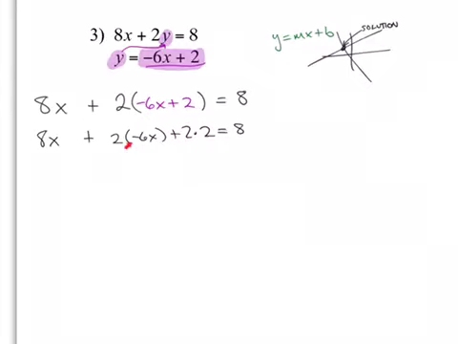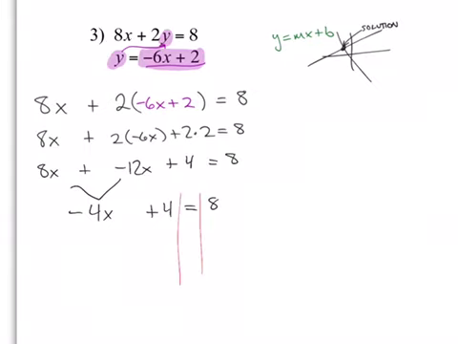Then I'll combine my like terms here. Positive 8x and negative 12x comes to a total of negative 4x. Okay? And now, I have some strategies for this. I'll subtract 4 from both sides and divide both sides by negative 4. x is equal to negative 1.